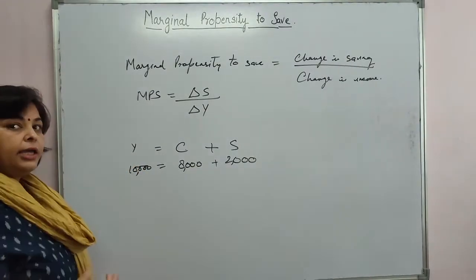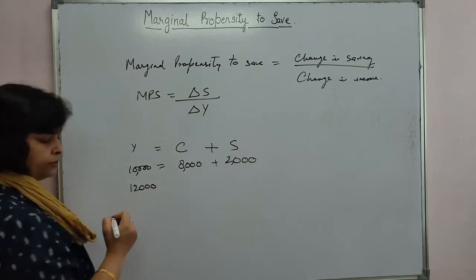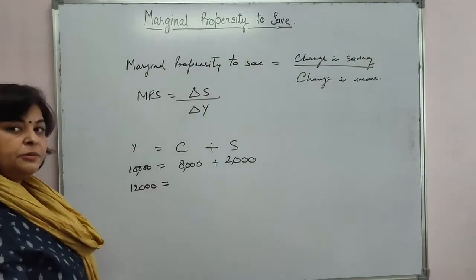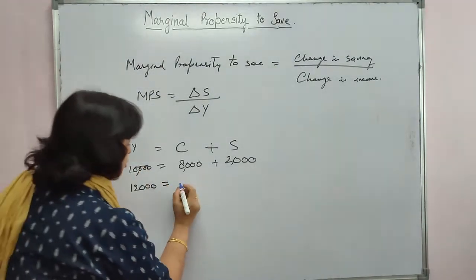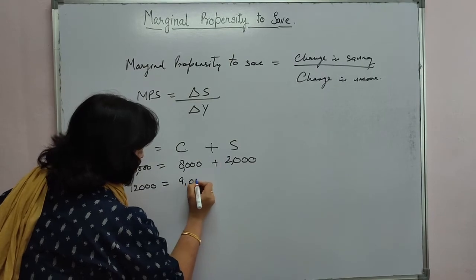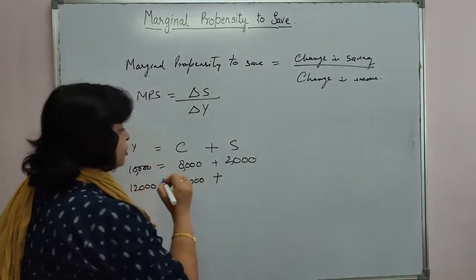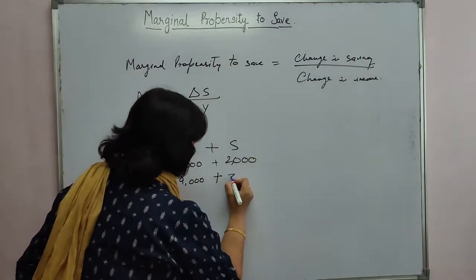Now suppose my income increases to rupees 12,000. In that case, I will spend a fraction of this increase in income on consumption also. Therefore, my consumption has increased to rupees 9,000, and the rest of the amount will be saved by me, that is 3,000 rupees.